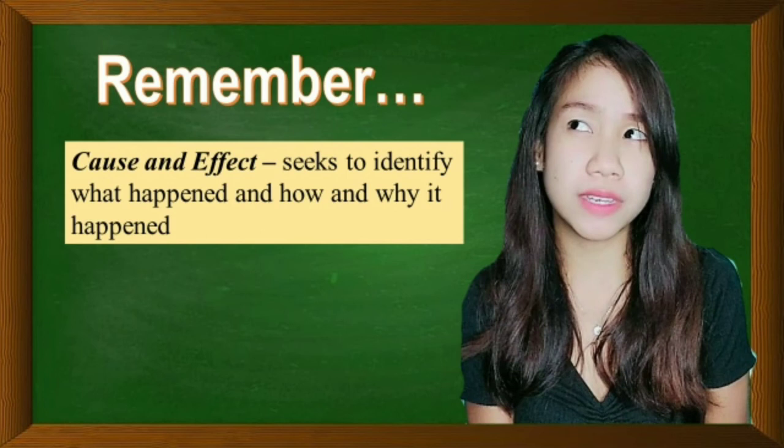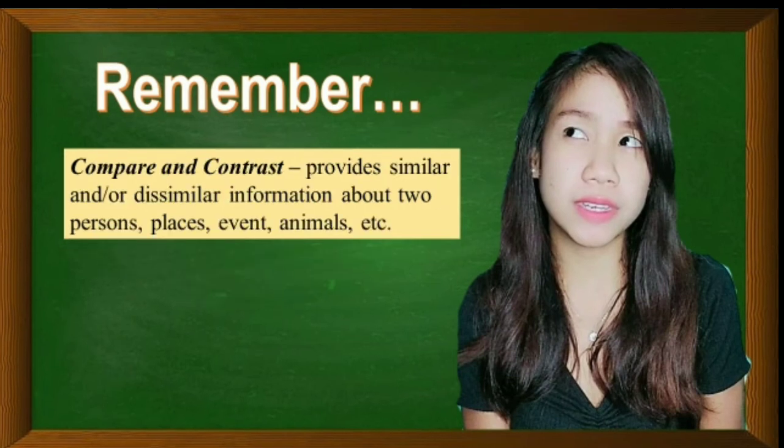Next in line is the cause and effect. It seeks to identify what happened and how and why it happened. So therefore, there's cause and there's effect presented in the text. Therefore, if it happened, then that's cause and effect structure of text. Next structure is the compare and contrast.